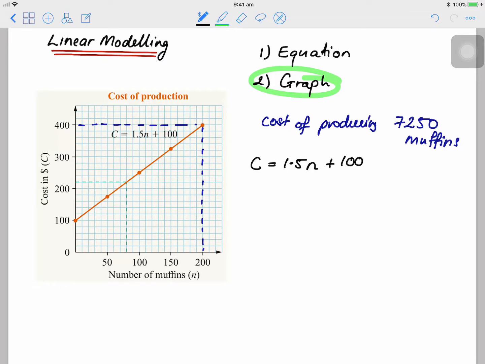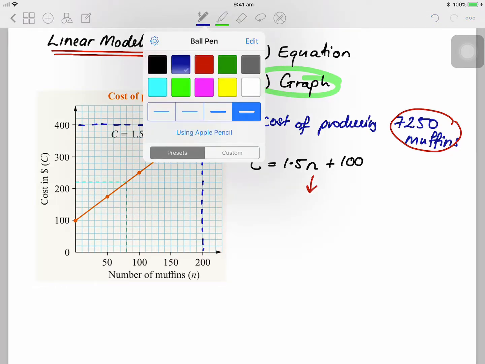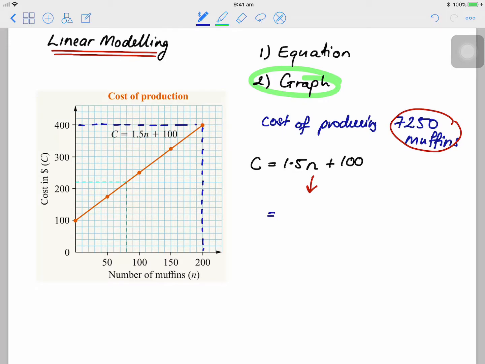So all we know now is that we want to produce 7,250 muffins. So we are going to say that N is going to be 7,250. If you replace that in the equation, our cost becomes $1.50 times the 7,250 muffins we want to make, and on top of that, we have the $100 of our starting cost.